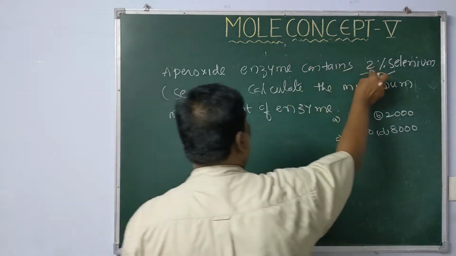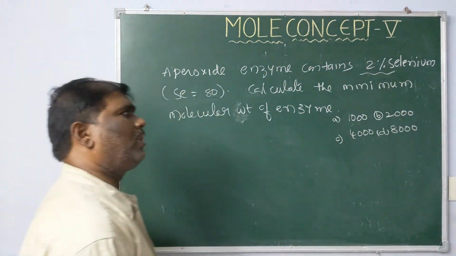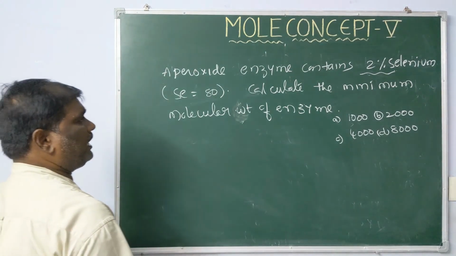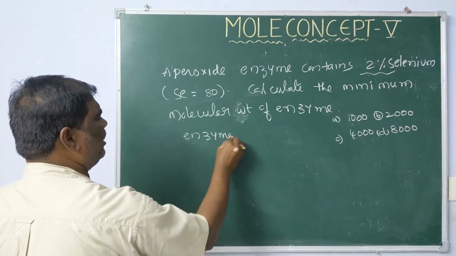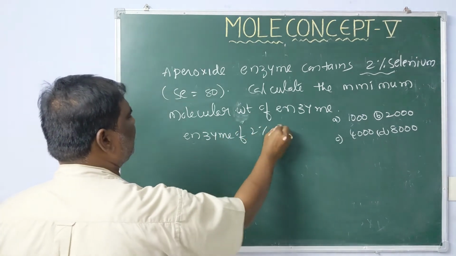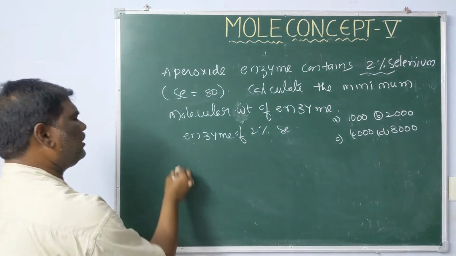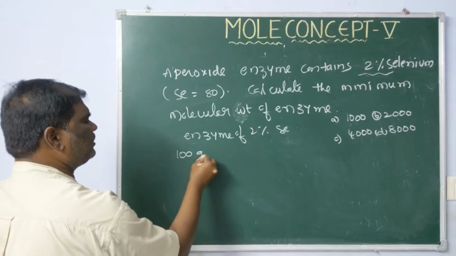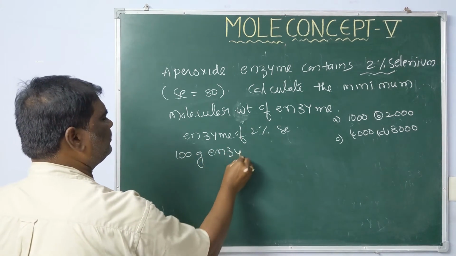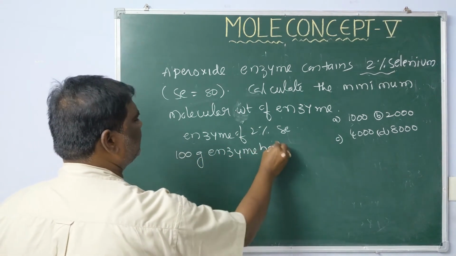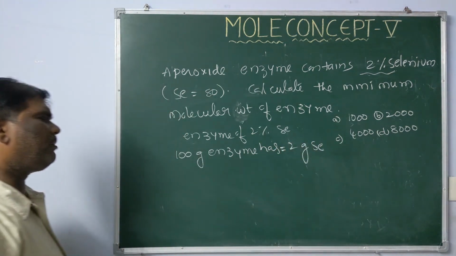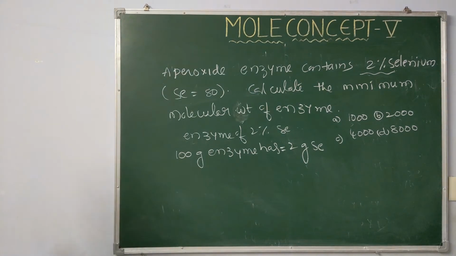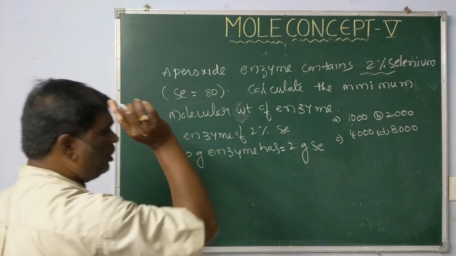Enzyme contains 2% selenium. That means what? 100 grams of enzyme has 2 grams of selenium.